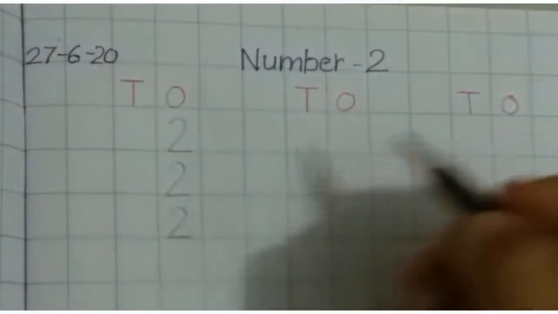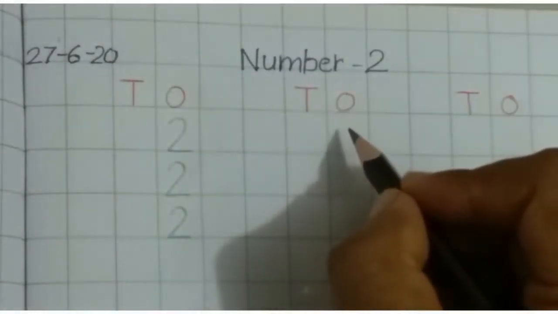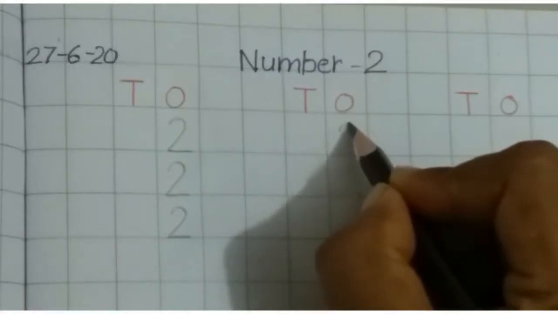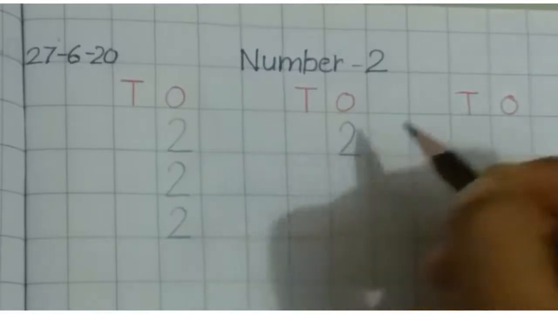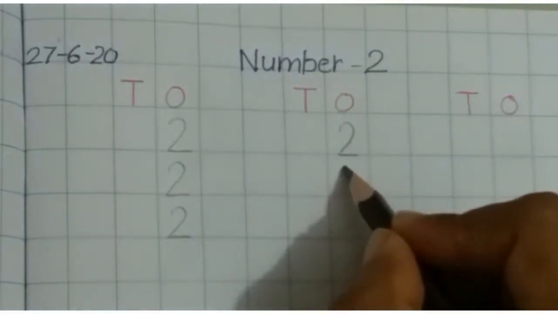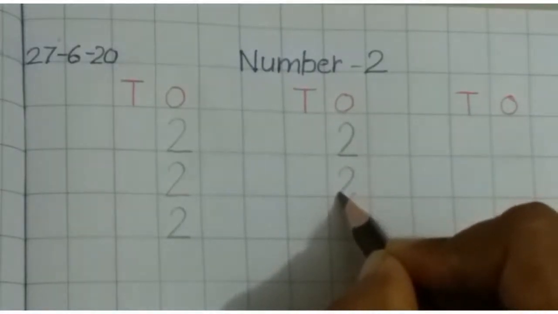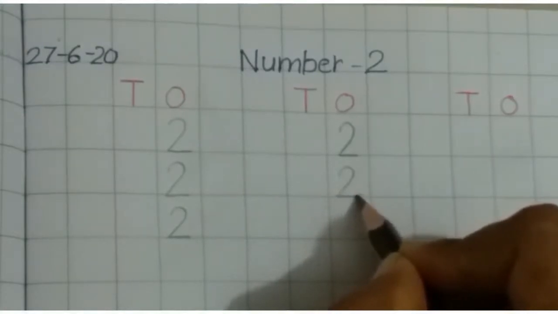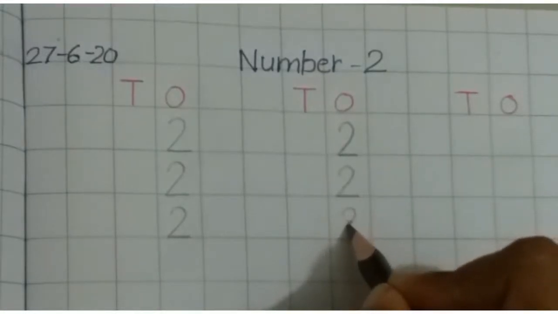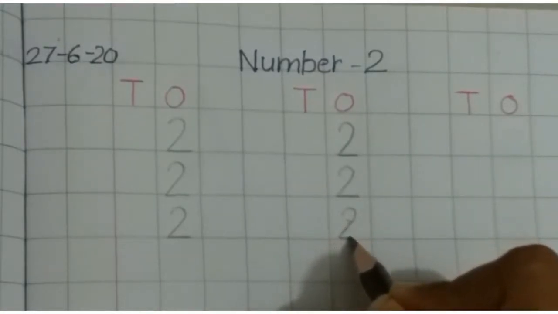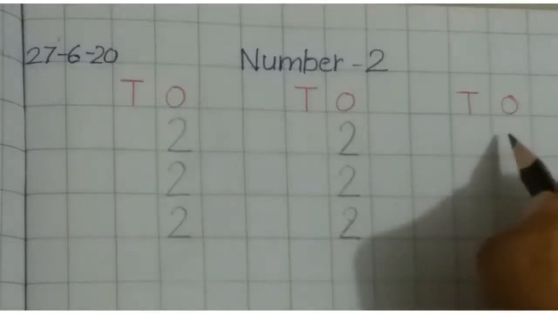Number 2. Same here. Make a curve, slant line, slipping line. Make a curve, then slant line, then slipping line. Curve, slant line, slipping line.